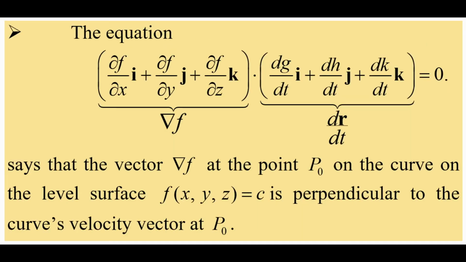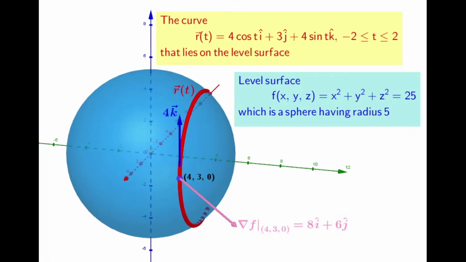We remark that the above equation says that the vector grad f at the point p naught on the curve on the level surface f(x,y,z) = c is perpendicular to the curve's velocity vector at p naught. In the figure, the sphere is the level surface f(x,y,z) = x² + y² + z² = 25.